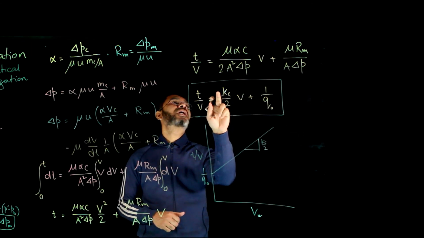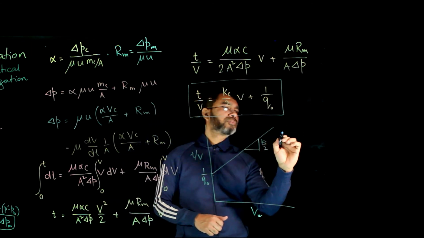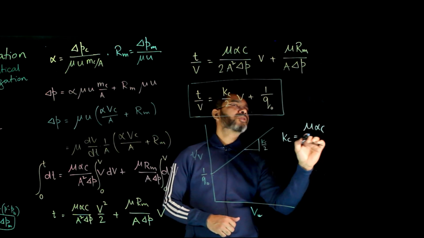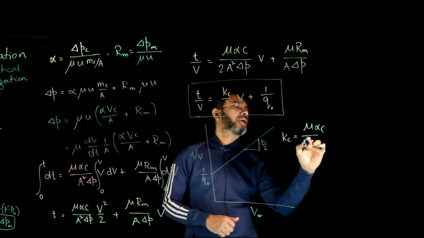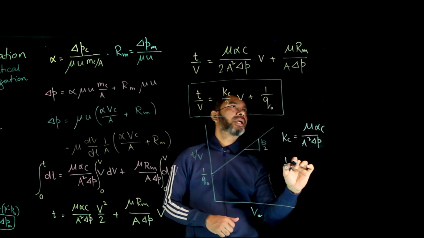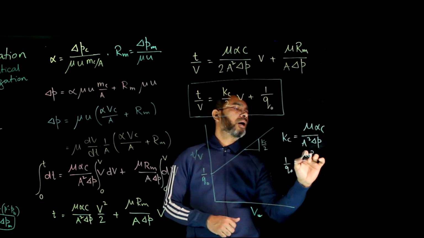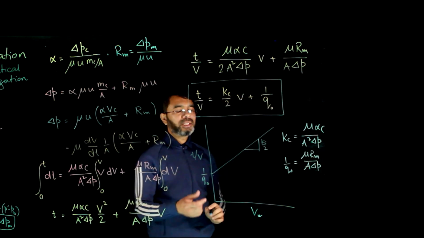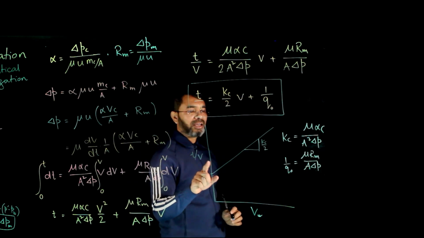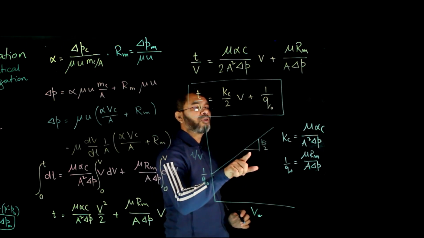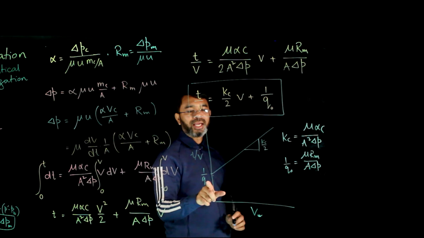Now Kc here is simply nothing but mu alpha c over A squared delta P, and 1 over q naught is simply mu Rm over A delta P. You see that by simply measuring the filtrate volume as a function of time, you can get a straight line. From here you can get the values of Kc and q naught.